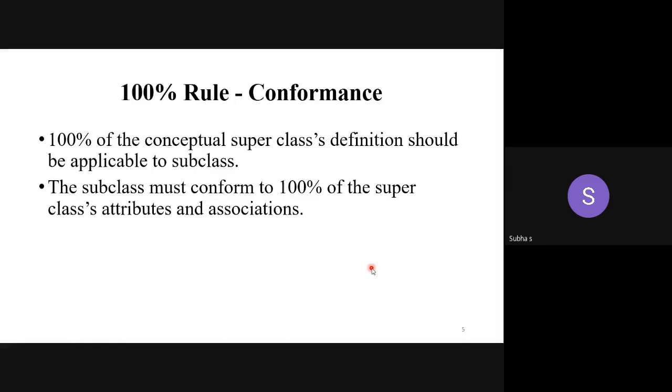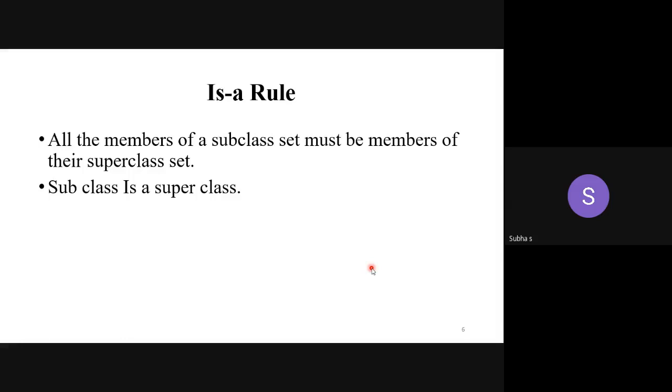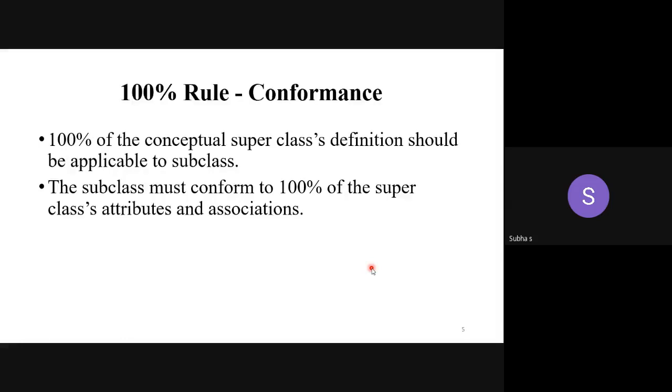For defining the superclass and subclass, there are two rules that are used. The 100% rule and the is-a rule. These are the two rule names. The 100% rule means 100% of the conceptual superclass definition should be applicable to the subclass.